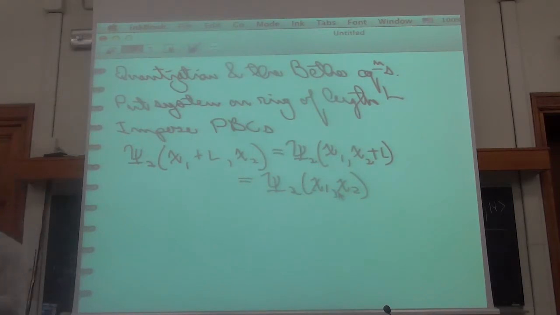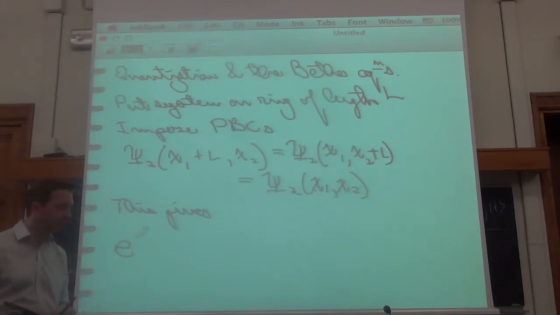If you just examine the two-particle wave function, substitute these conditions in there, invoke the linear independence of the free waves, you can write these periodicity conditions in the following form. This gives the following conditions. It tells you that if you just do it by examination, it's really a two-line derivation.